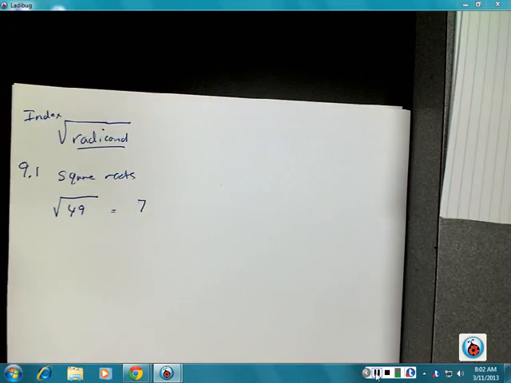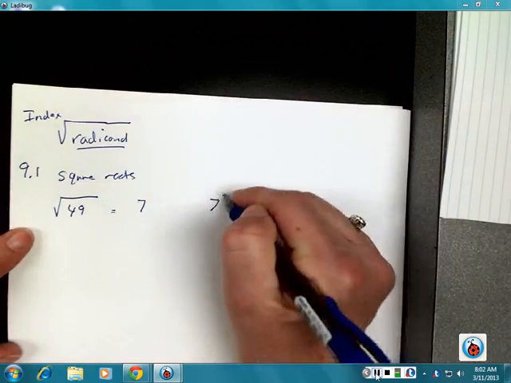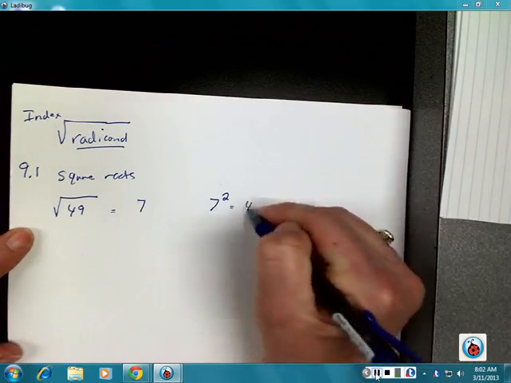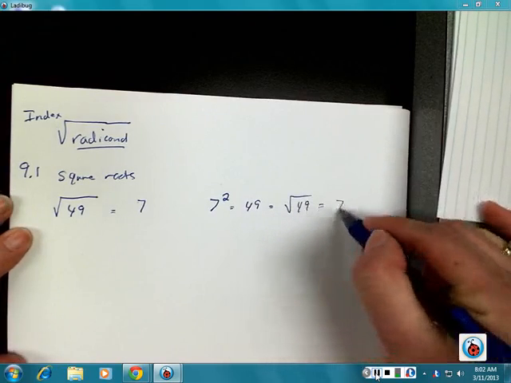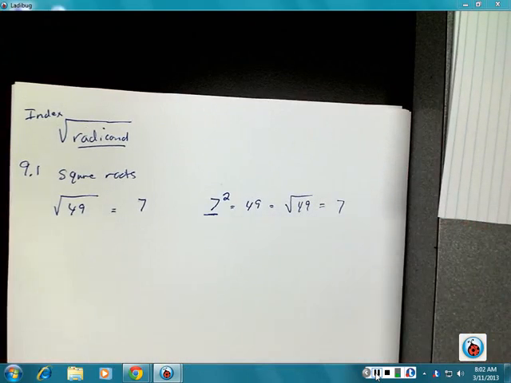So the square root of 49 would be 7. If you work it backwards and take 7 and square it, you get 49. If you take the square root of 49, you get the base of your square, which happens to be 7. So we're going from one spot backwards into the other spot and coming up with our values.